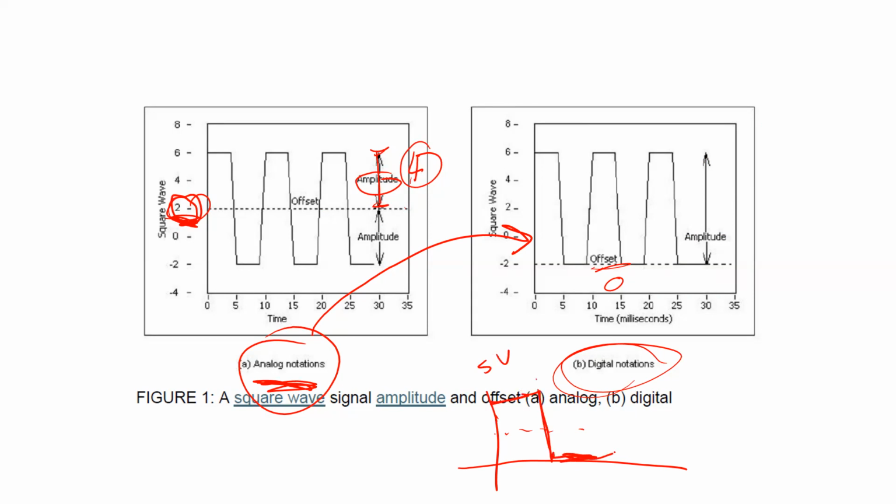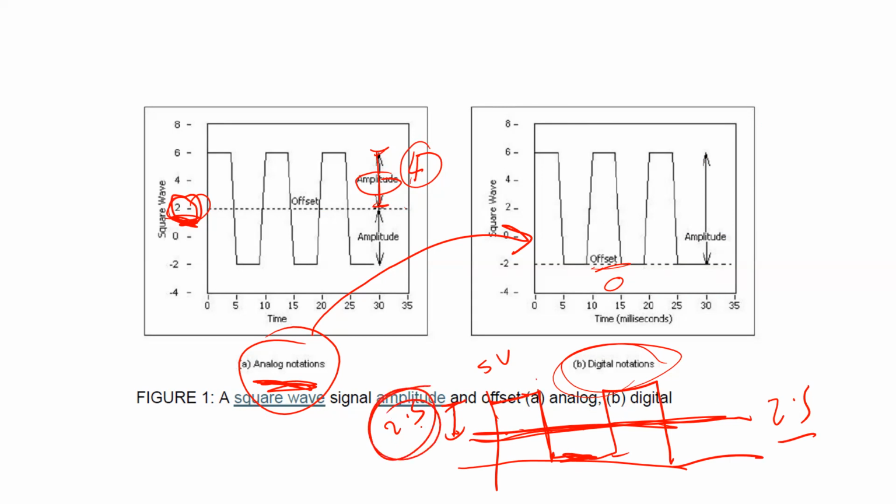So in this case, I have to ask the device to make the offset 2.5, because if the offset is 2.5, then the amplitude from here to here is 2.5 up and down. So if you ask amplitude to be 2.5 and offset 2.5, and you are using analog notation, you are going to get a digital signal like this one, which is between 0 and 5.